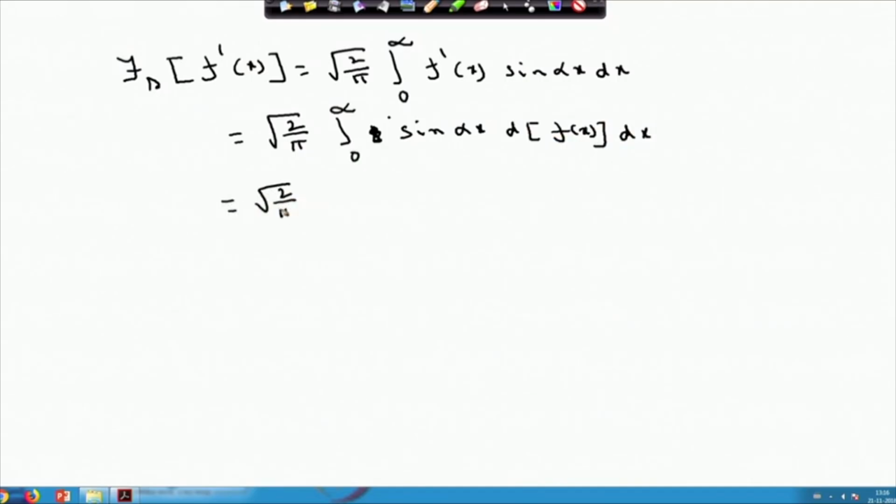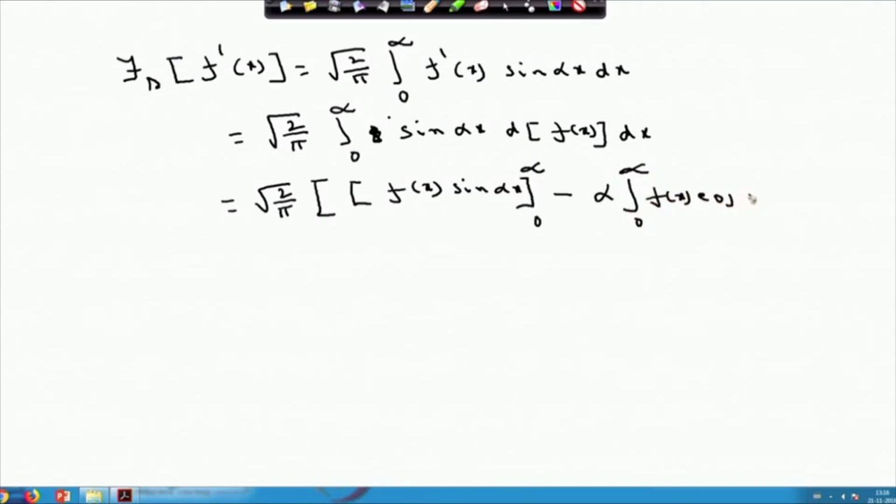Root over 2 by pi into f x sine alpha x from 0 to infinity minus alpha into integral 0 to infinity f x cos of alpha x dx.